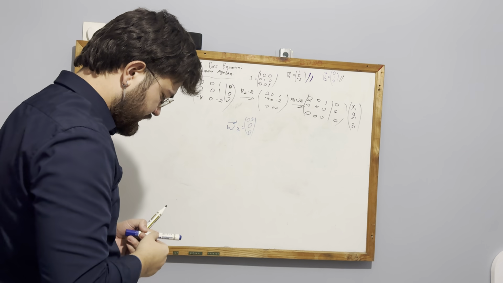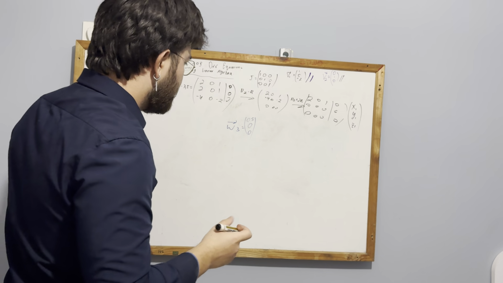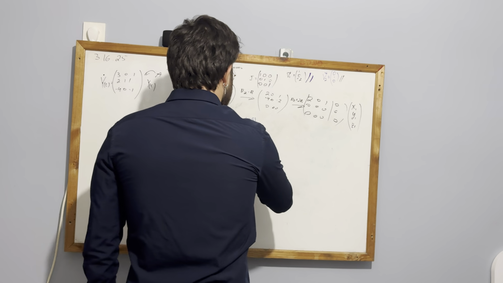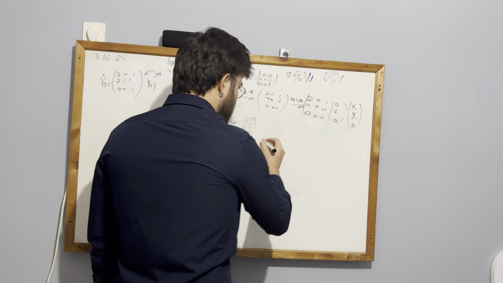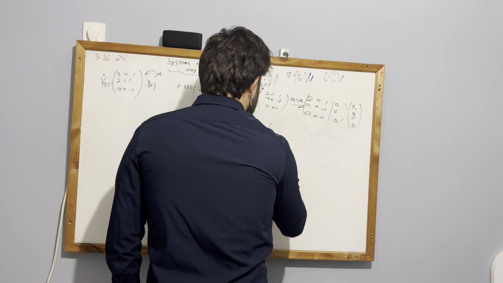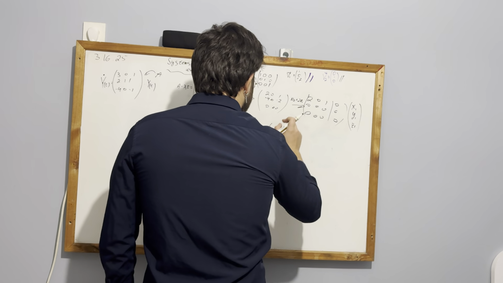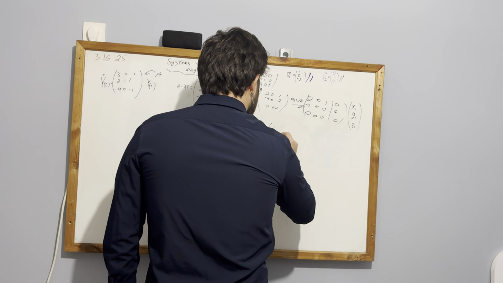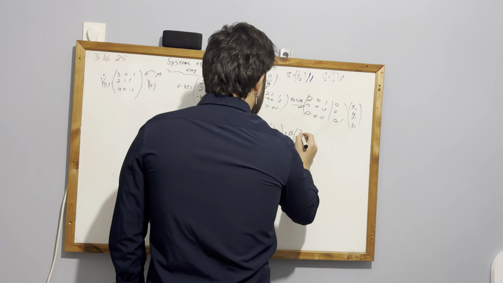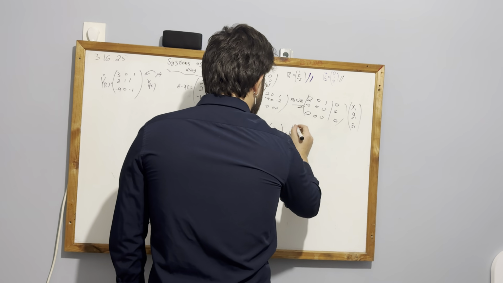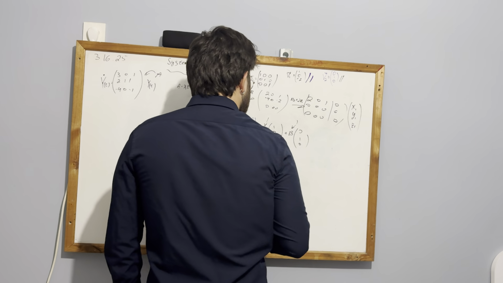So, we do know that, no, this is all 3, but it's also plus alpha times the first vector, which is 1, 0, and minus 2, and beta times 0, 1, 0. We set it to be equal to 1 and 1. What do we get?